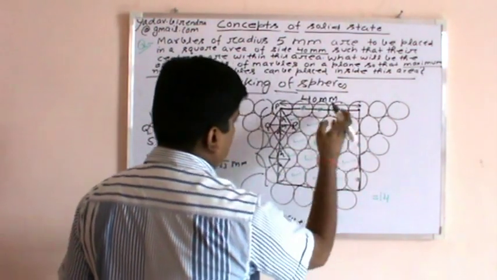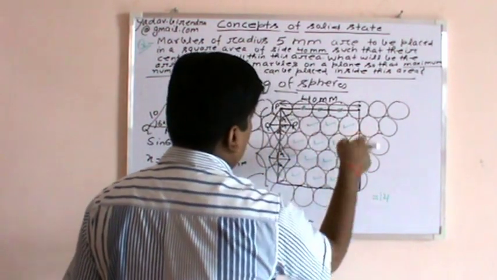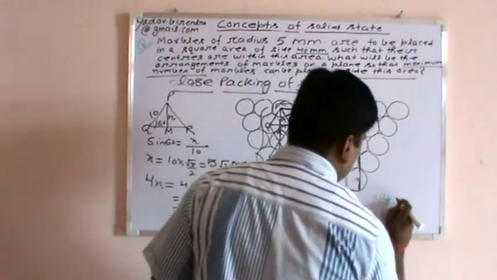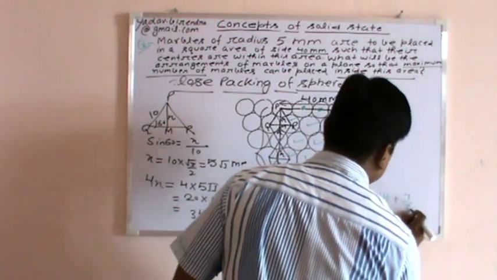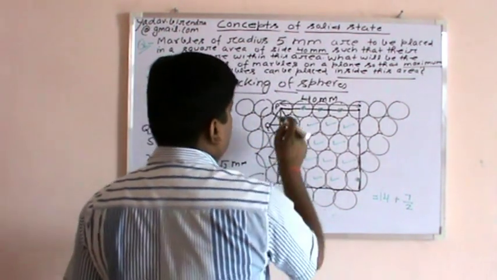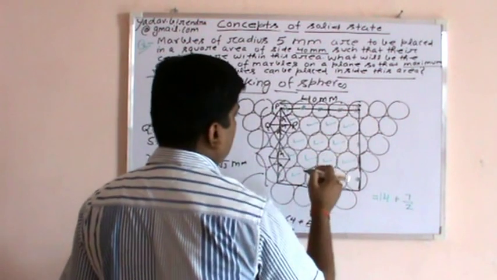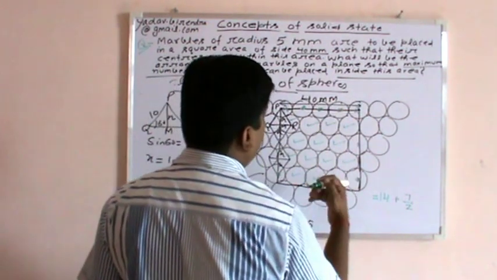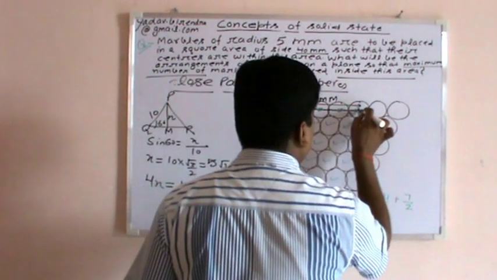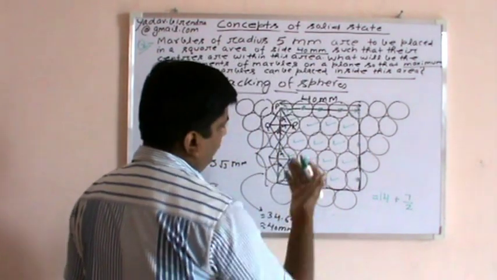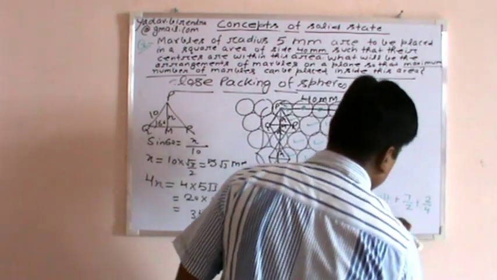These 7 spheres contribute only half to this particular area. So the effective number of spheres will be 7 by 2. Now if we look at this sphere and this one, these two spheres contribute only 1 by 4 to this particular area. So the contribution will be 2 by 4.